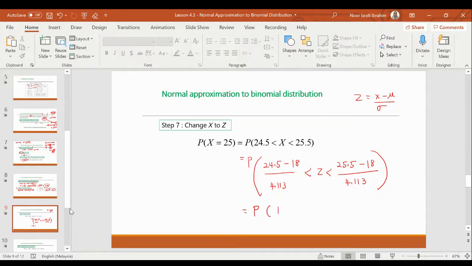The left side is 1.58 and the right side is 1.82.